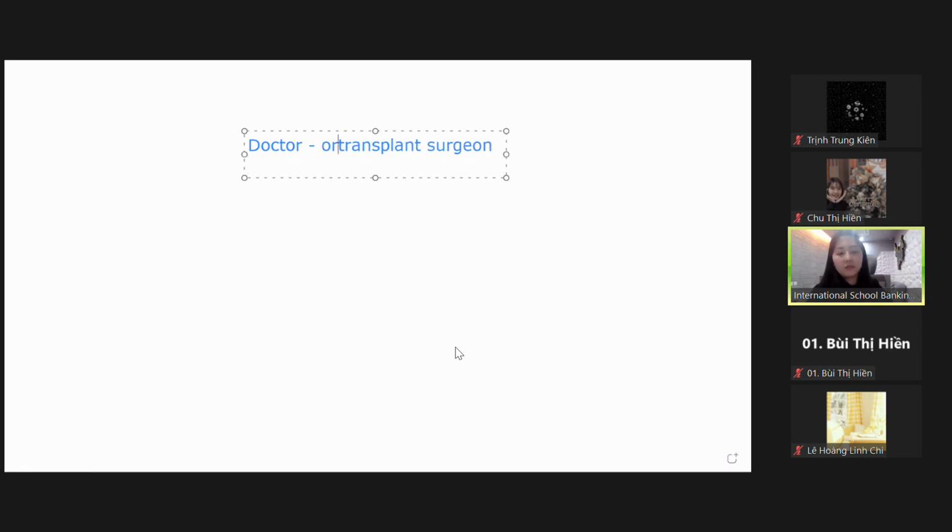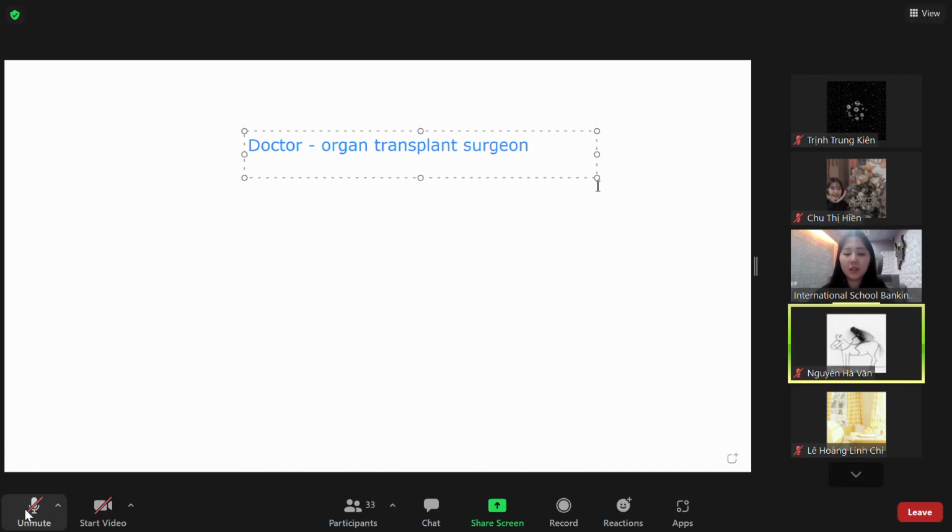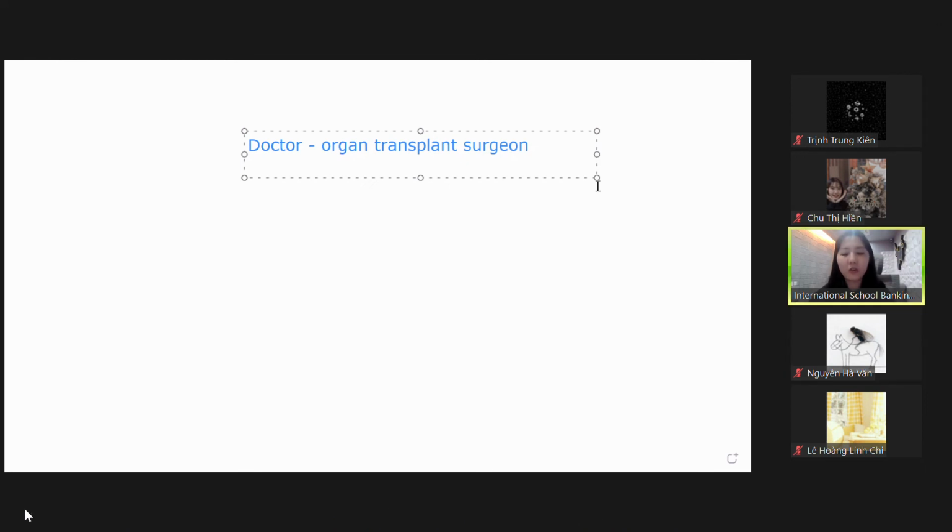Here we have an organ transplant surgeon. You know what an organ is, right? Yes, an organ is a different part inside the body. An organ transplant means that some part of the body is not working, so you need somebody to donate their part of the body, so you can transplant it into your body and continue your life.